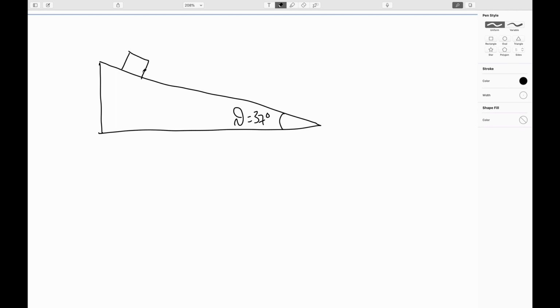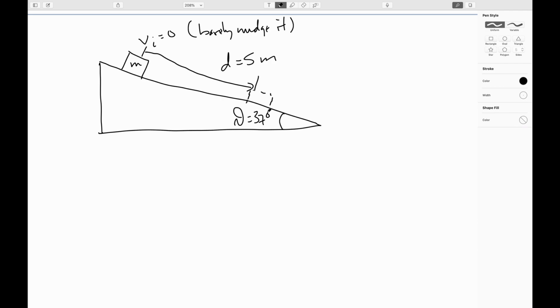Let's say the box starts at rest and we just barely nudge it, just enough to break static friction, but it isn't really going to affect anything. Let's say that the box displaces down a total of 5 meters. So we'd like to know when it gets down here, how fast is it going?